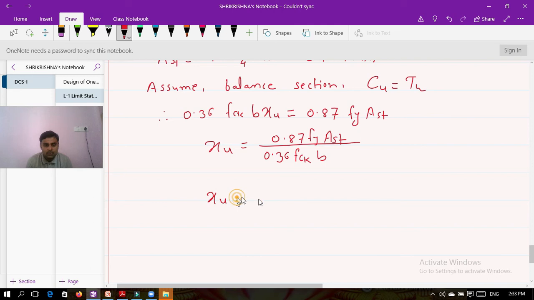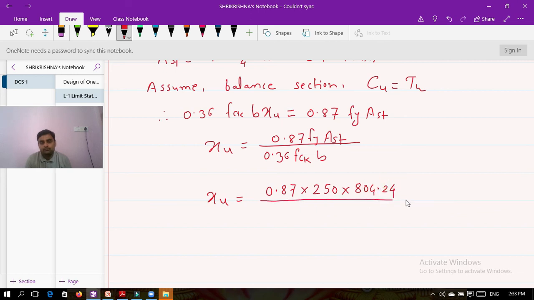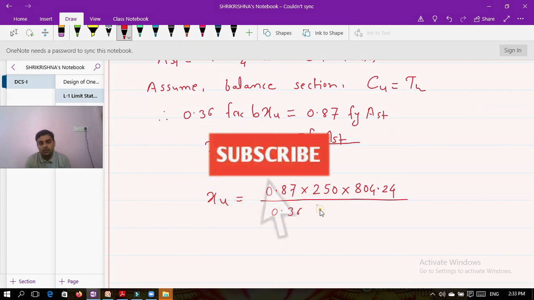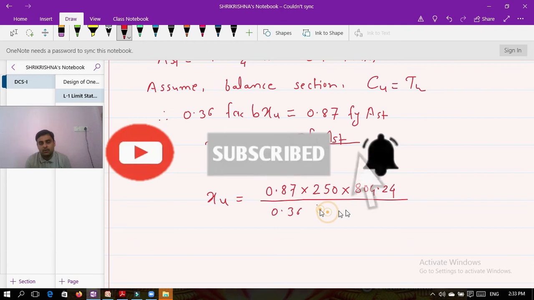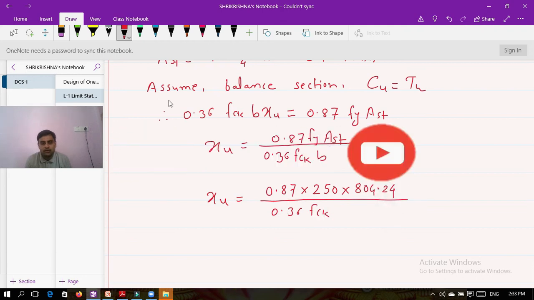So Xu is equal to 0.87 into fy. What is the value of fy? It is 250, into area of steel 804.24, whole divided by 0.36 fck. Sorry, the value of fck we need to put.